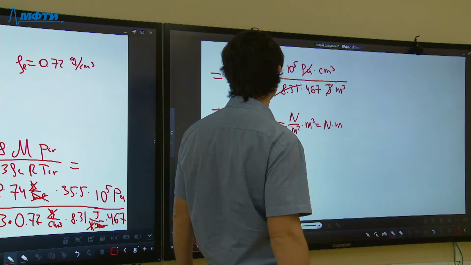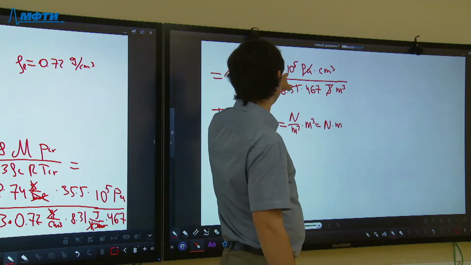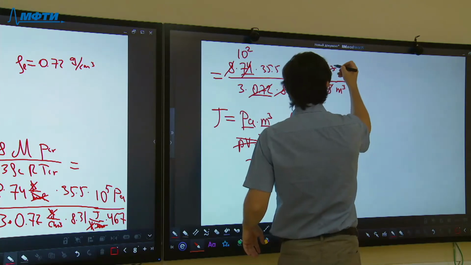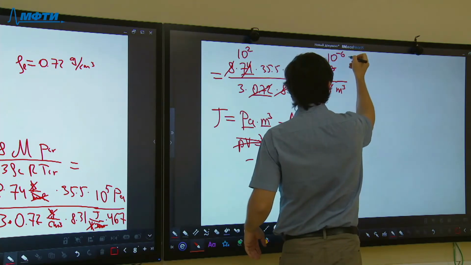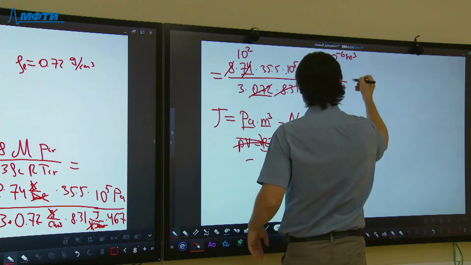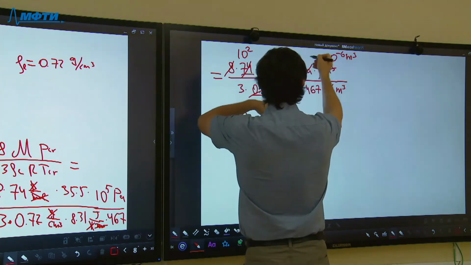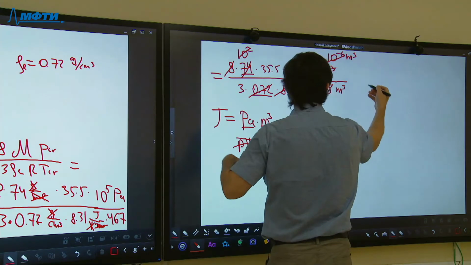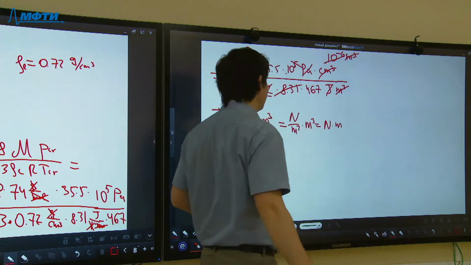Okay, now what's left over? So I have 10 to the 2 times 10 to the 5, but it's centimeter cubed. Centimeter cubed is 10 to the minus 6 of meter cubed. So meter cubed is eliminated, and what remains is only 10.